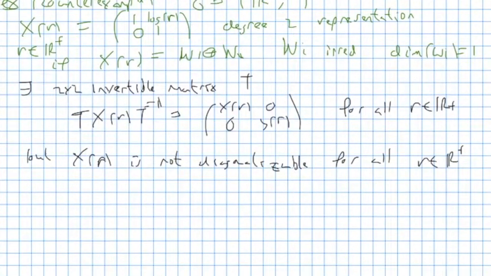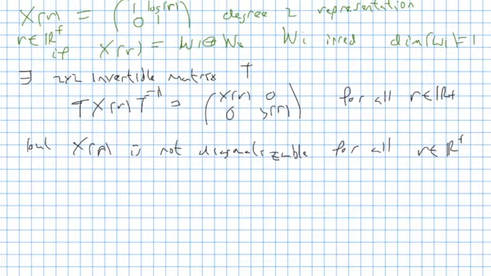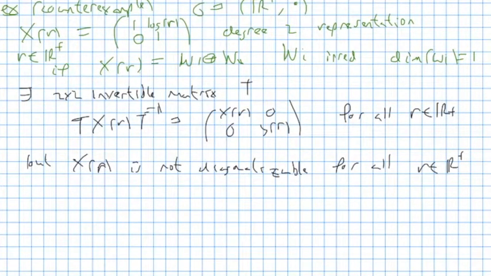So that's the contradiction. So Maschke's theorem does need the assumption that the group is finite.